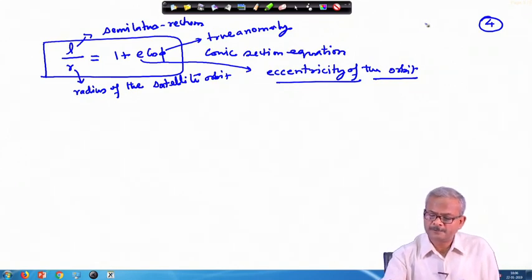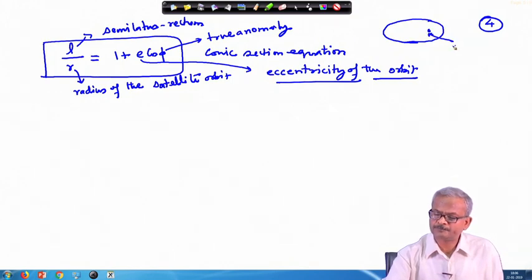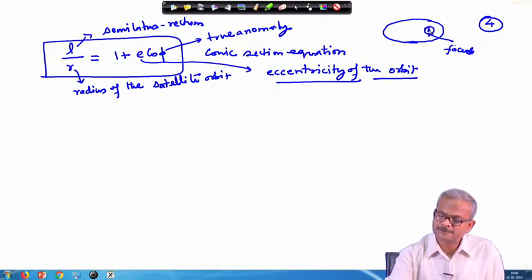So, we are dealing with the elliptical orbit. Elliptical orbit, how does it look like? Something like this. Okay. Here this is the focus. So, your earth is situated here, and because already we have discussed that this will be considered as a point mass.